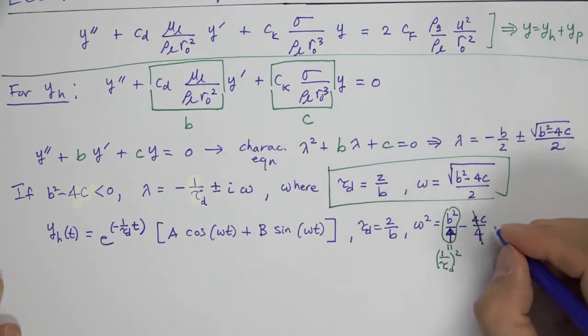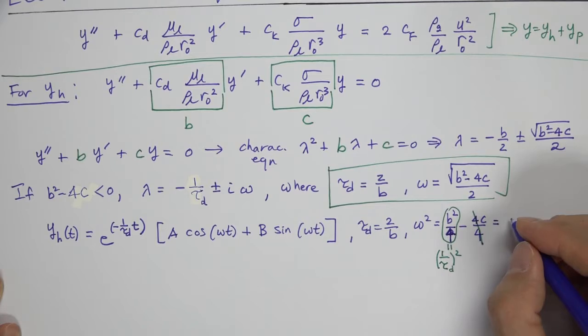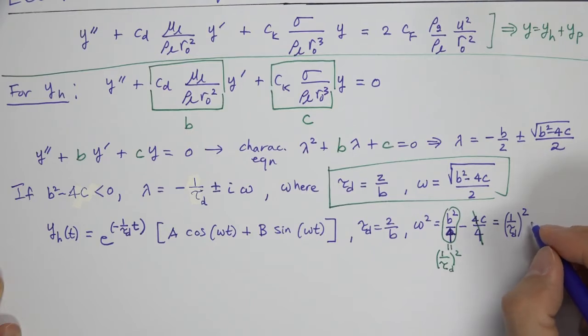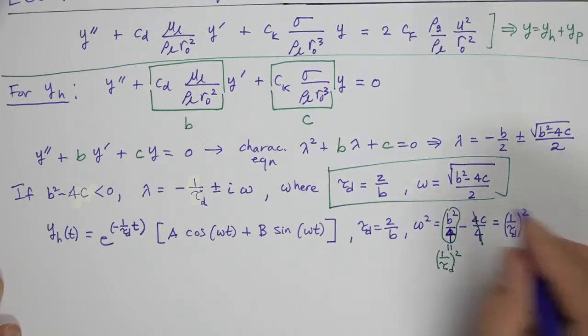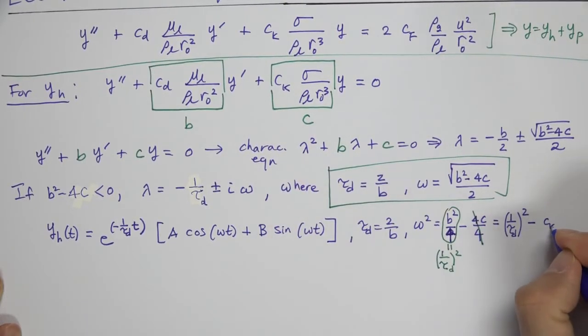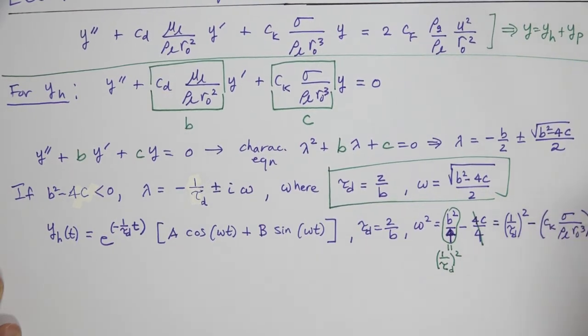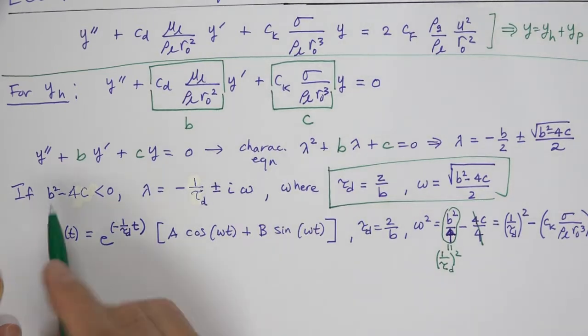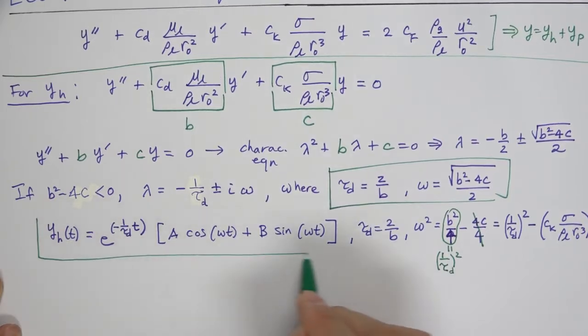So that'll be 1 over tau d square minus c. What is minus c? C is right here, so that's ck sigma over rho L rho cubed. Okay, so that's the homogeneous solution right there.